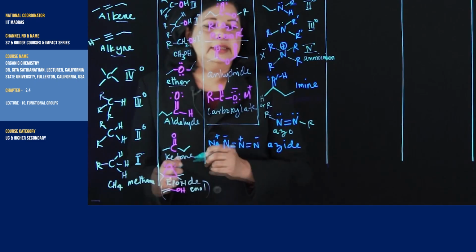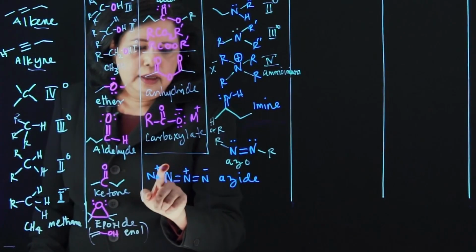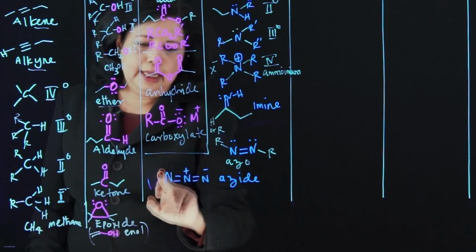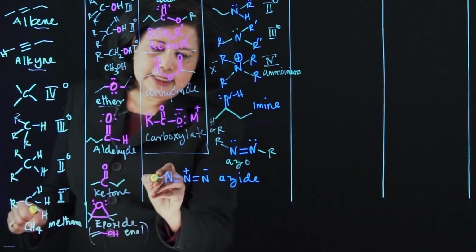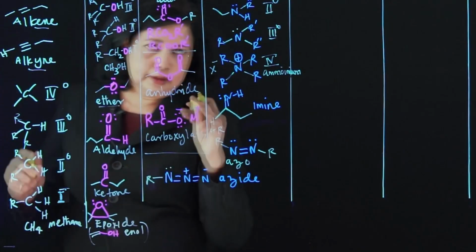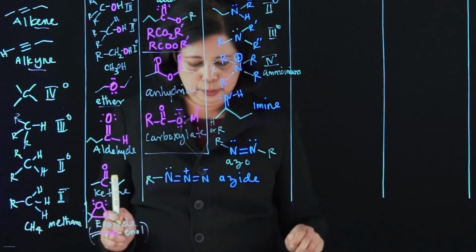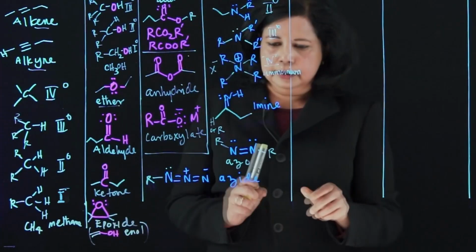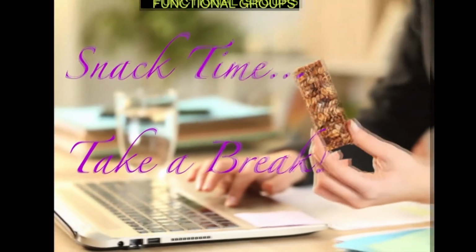But if you have an R group, like an ethyl or a methyl, let's say, then it will be a methyl azide or an alkyl azide. So those are some azide groups. Now, those are with the nitrogens. What else can we do?